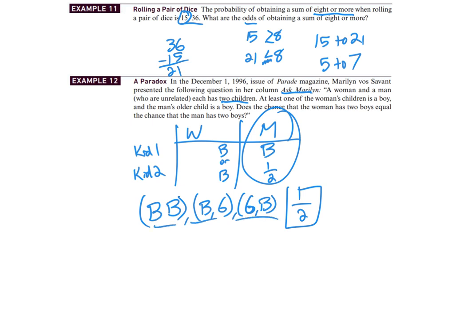So the probability that the woman has 2 boys is actually 1 out of 3, 1/3. Does the chance that the woman has 2 boys equal the chance the man has 2 boys? No, it does not. Because of the way they've stated it, it is a lower probability that she has 2 boys.